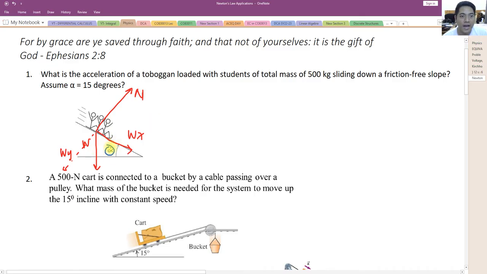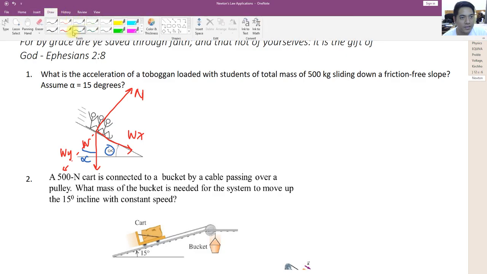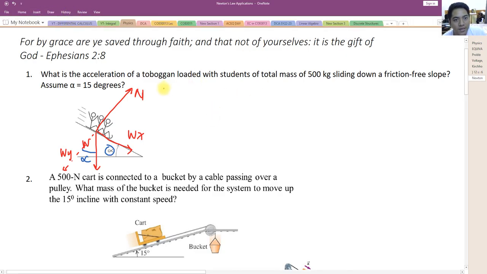So where do you put the angle alpha? The angle alpha is always in the y-axis. So this is our tilted y-axis, and this would be your alpha. Because of that, we have the formula summation of forces along x.